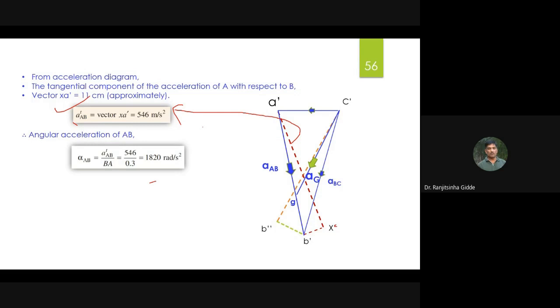Therefore, write down angular acceleration of AB.